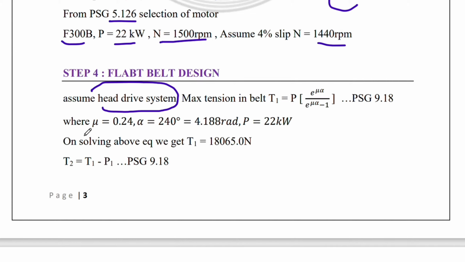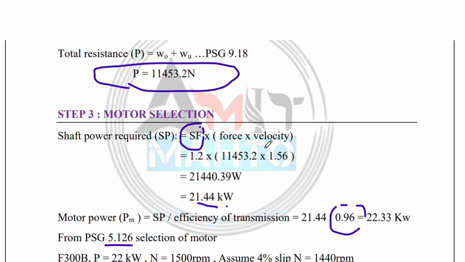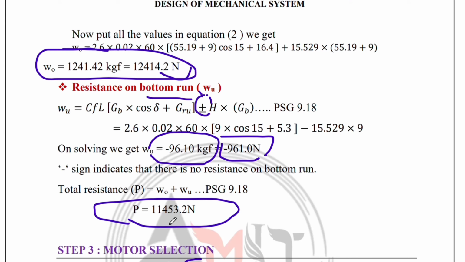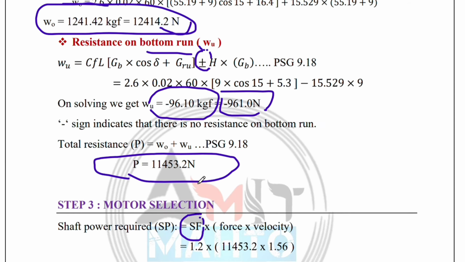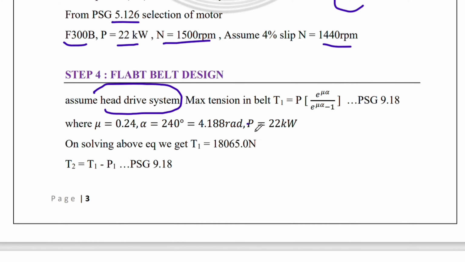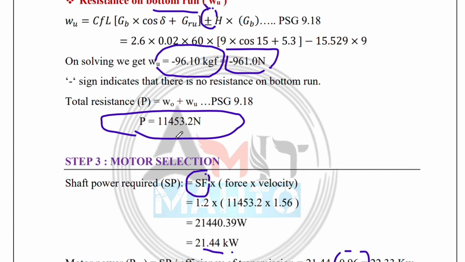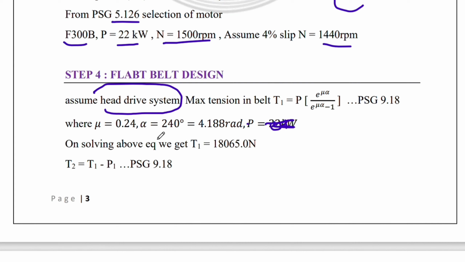So here, what is the value of P? P we got the value 11,453.2 Newton. This will not be the 22 kilowatt, that is wrong. So put the value of P which you got here, 11,453.2 Newton.